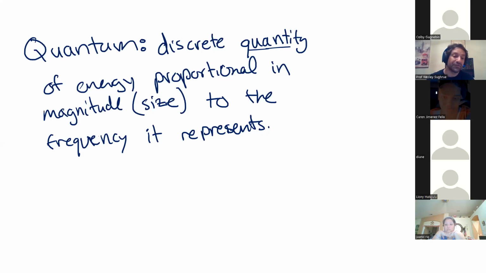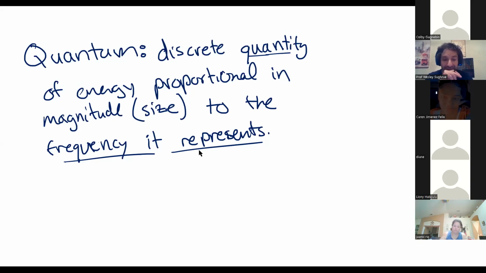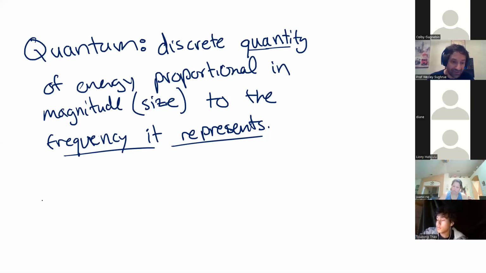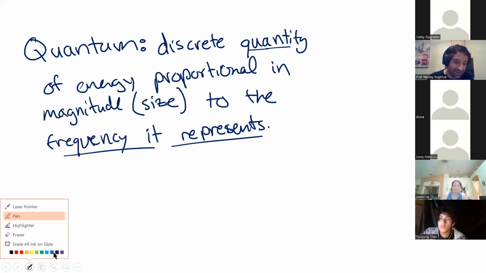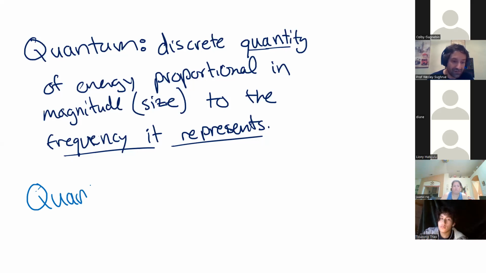What we're trying to say about this is that there are discrete quantities of energy proportional to the size of a specific frequency. Okay, and what's even almost more important than that is to say that the quantum, this is going to be circular logic, so bear with me.